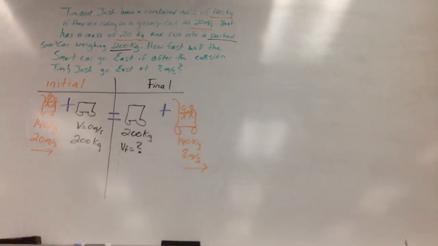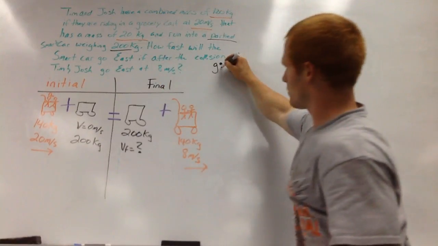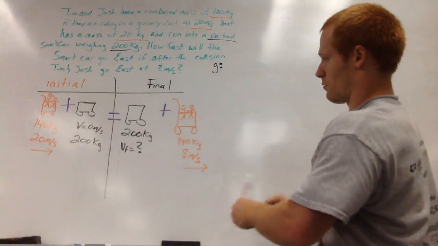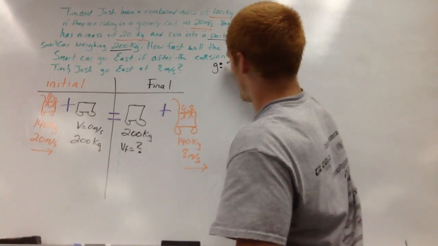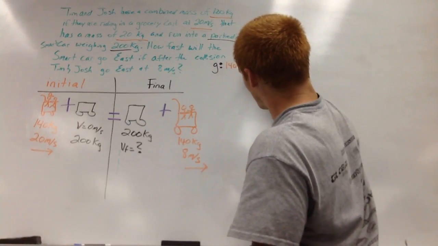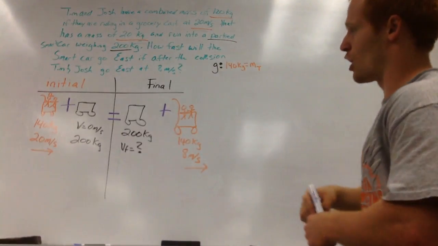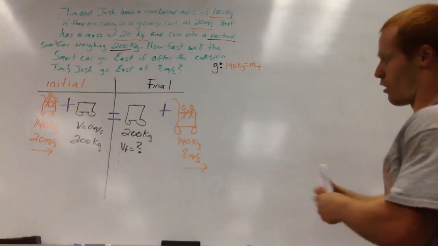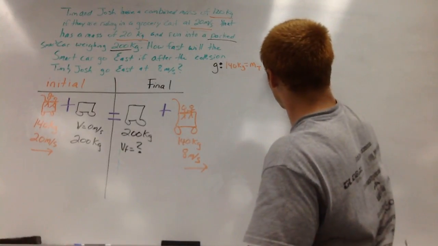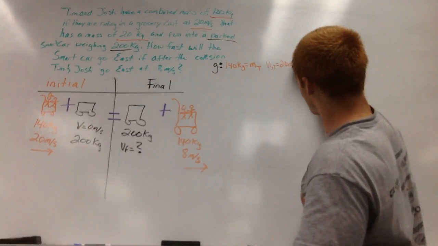So when we write it for our givens and our unknowns, start it over here. So our givens, we have 140 kilos. This will be the mass. I'm going to just put T for Tim and Josh. And then we also have the velocity initial of Tim and Josh, which was 20 meters per second.